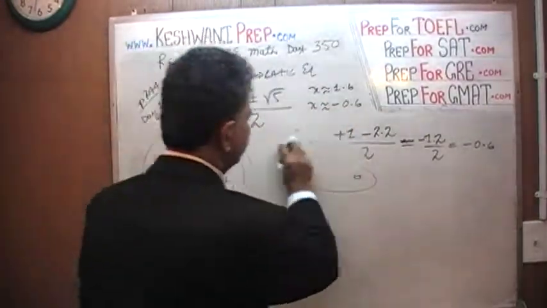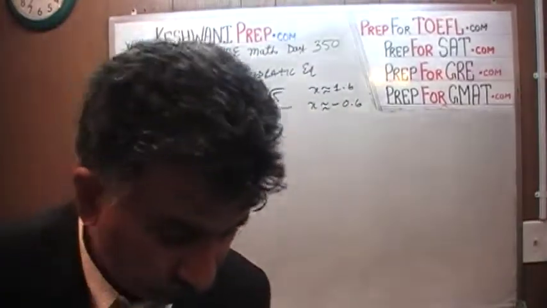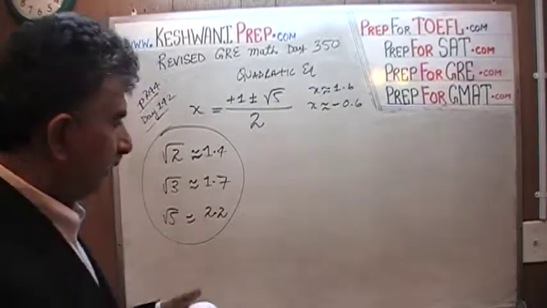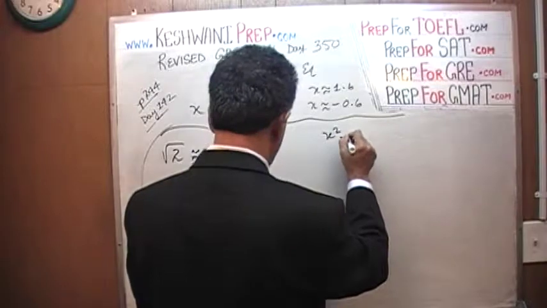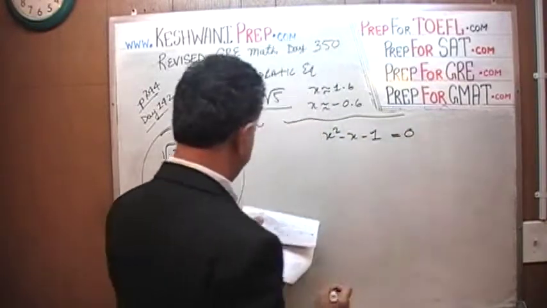The very last thing that we always do is to verify our answer. Shall we? Let's verify our answer. The equation was x squared minus x minus 1 has to equal 0.